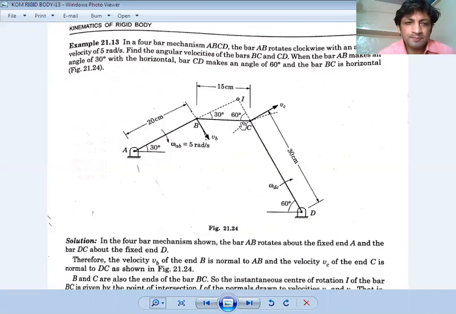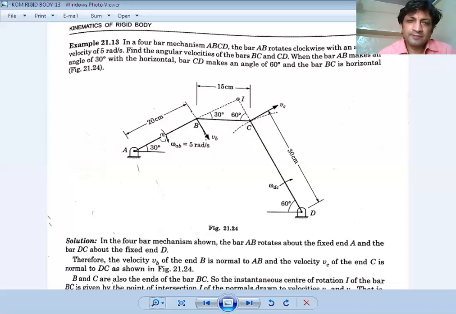Initially, as you are seeing, AB is rotating about a fixed point A. Similarly, CD is rotating about the fixed point D. But BC is describing a general plane motion.